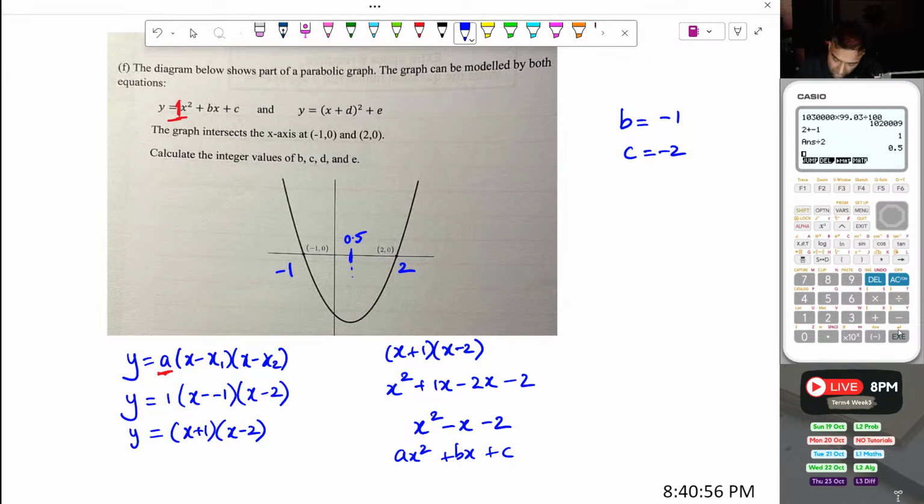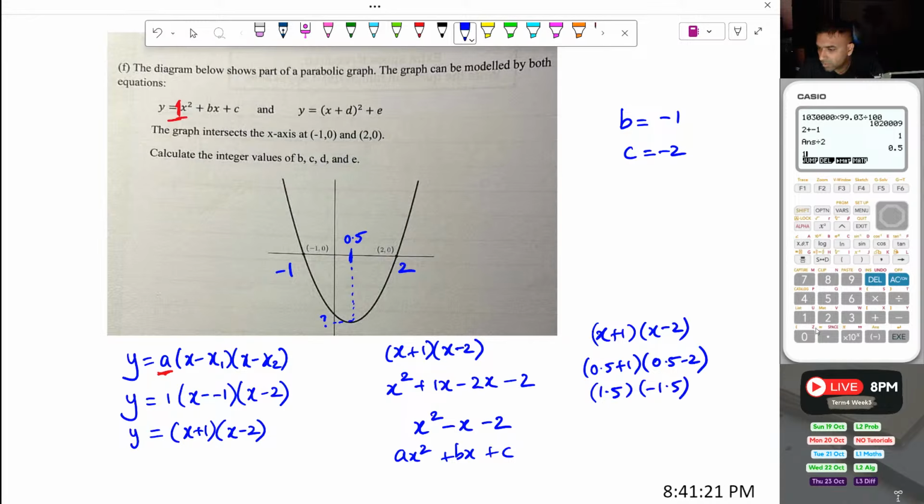What we're going to do is substitute 0.5 and find what the y value is. So we've got x plus 1 times x minus 2. So we've got 0.5 plus 1, 0.5 minus 2. That's going to give me 1.5 times negative 1.5, which is going to be negative 2.25.